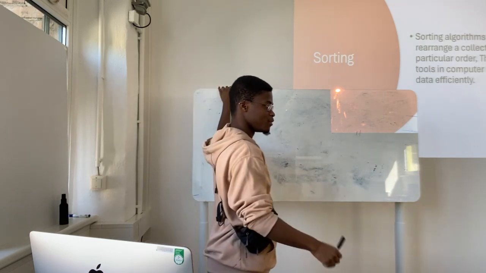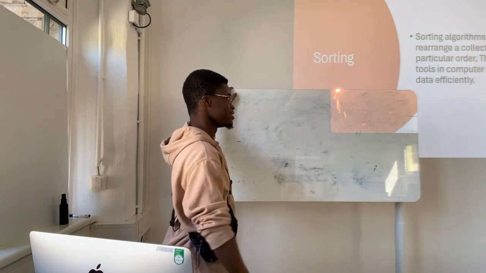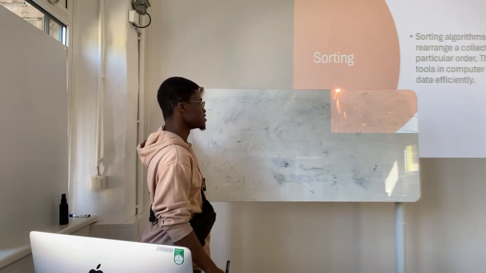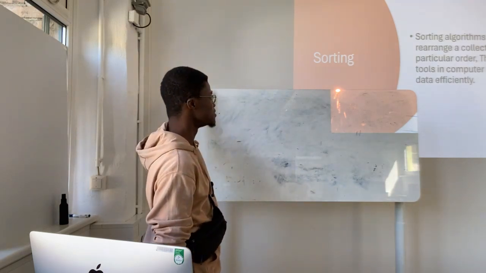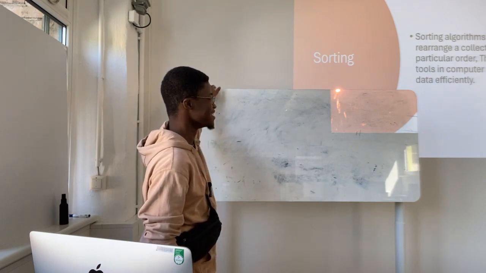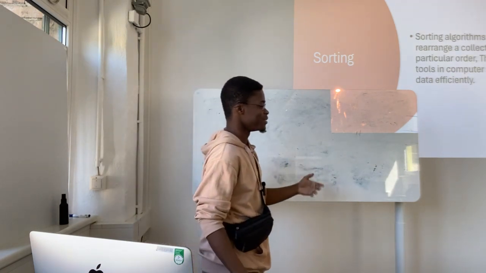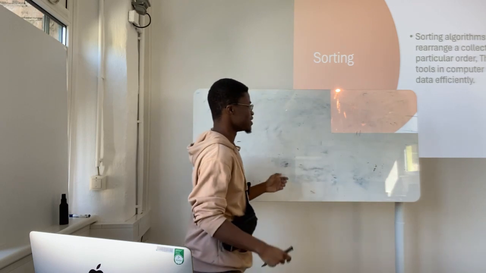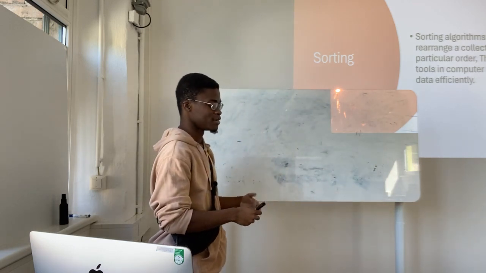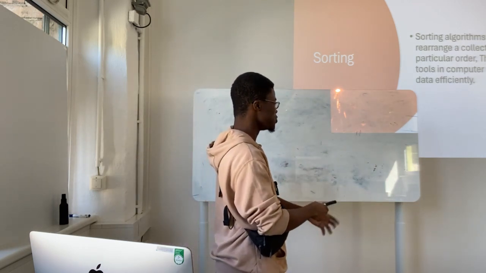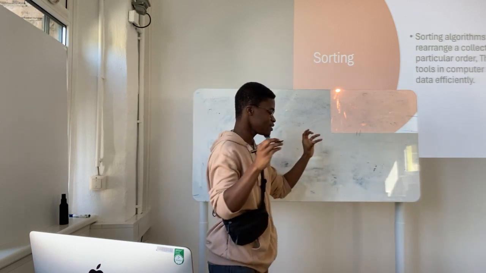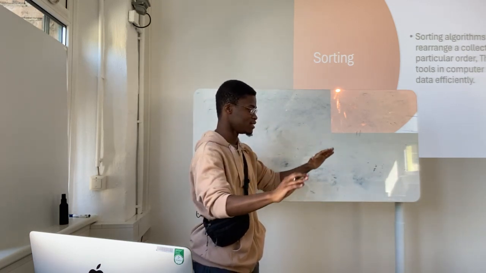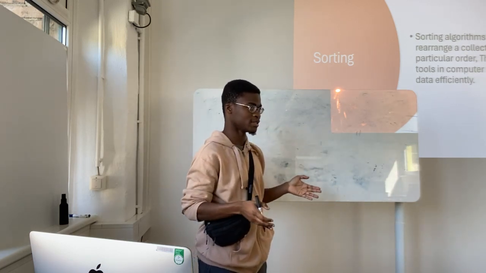Ordering, yeah. Rearranging, yeah. Those are good synonyms for sorting. My point is, it's pretty straightforward. Sorting algorithms are just a procedure to order a data set based on some criteria.